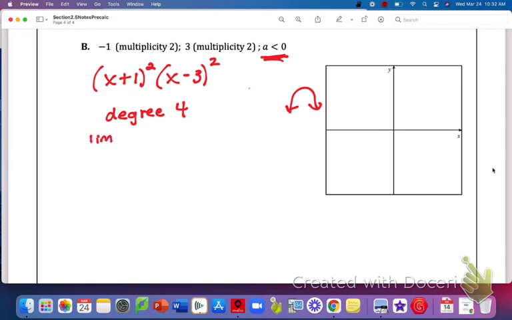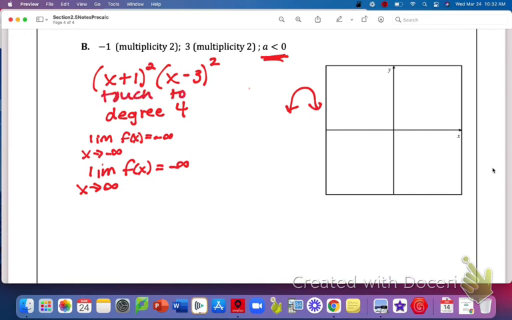So the limit as x approaches negative infinity of f of x is going to be negative infinity. The limit as x approaches positive infinity of f of x is also negative infinity. Now let's see what's happening here. We're going to have a touch at both. So at negative 1, our graph's going to touch. At 3, our graph's going to touch.